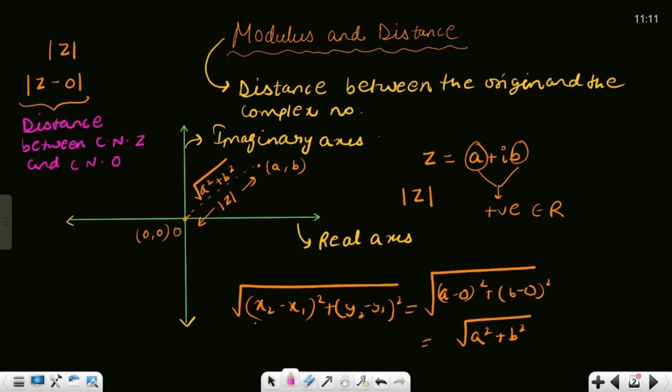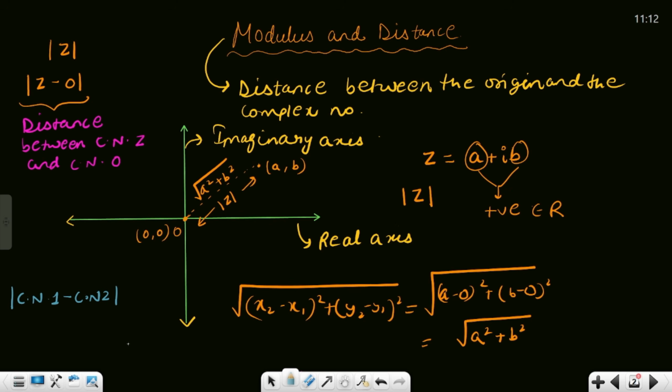It is not necessary that it is always z minus 0. It can be any number, complex number 1 minus complex number 2.